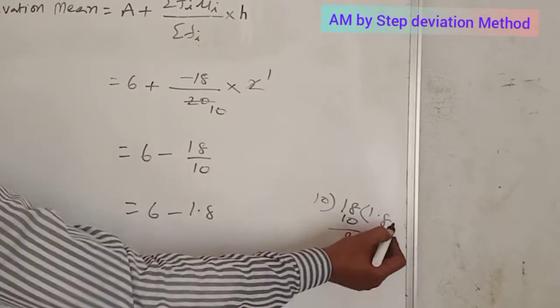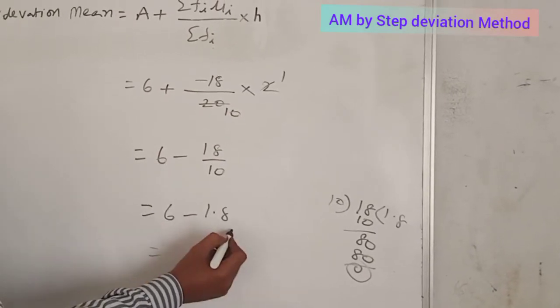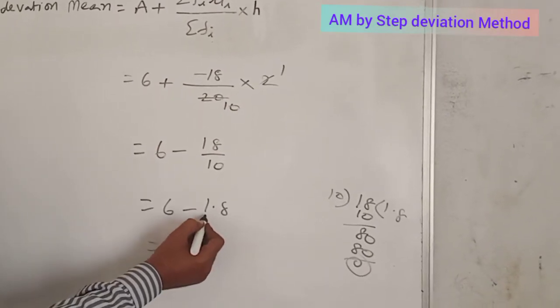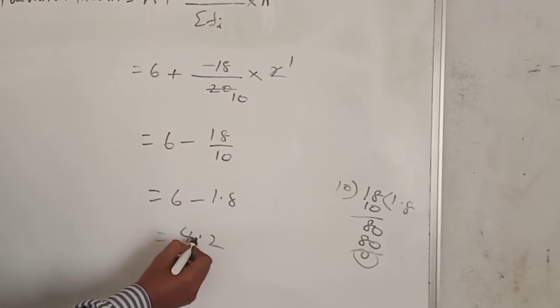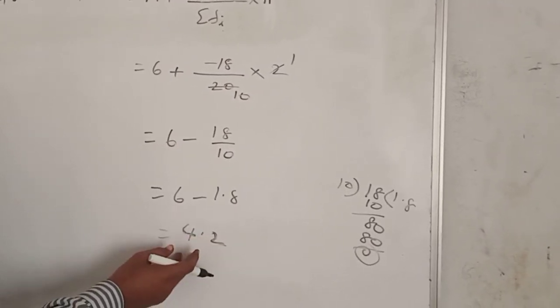That simplification gives 1.8. So 6 minus 1.8. 6 rupees minus 1 rupee 80 paise equals 4 rupees 20 paise, that means 4.2. Therefore, the mean is 4.2.